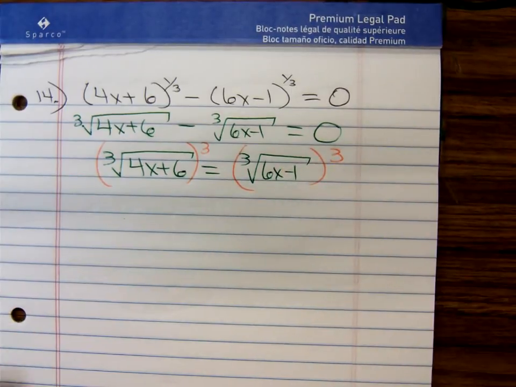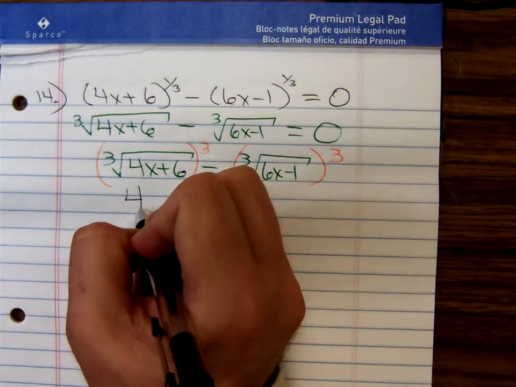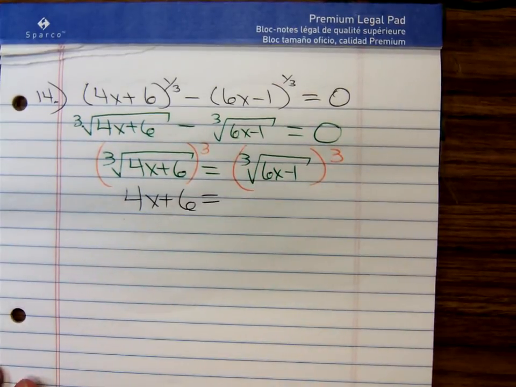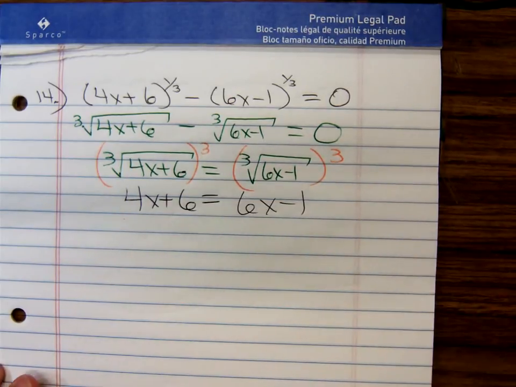Oh, this one falls out very nicely once you get over the shock of those exponents of 1/3. Just a 4x plus 6 equals, what have we got on the right hand side? A 6x minus 1. And it's linear, we don't have to factor or anything, just combine the x terms.